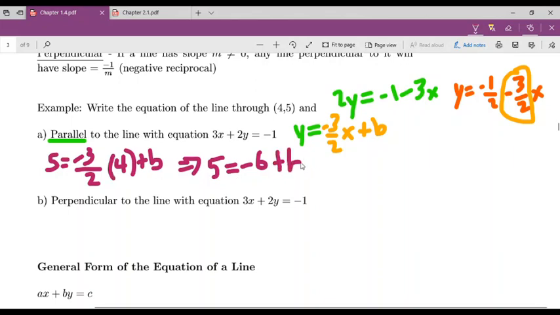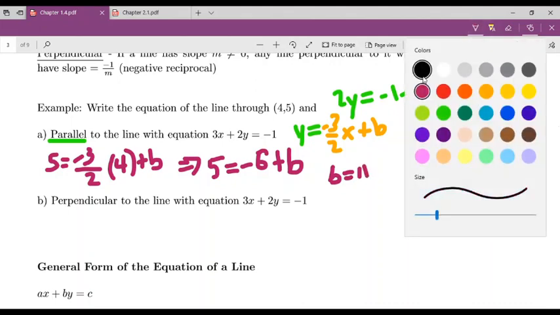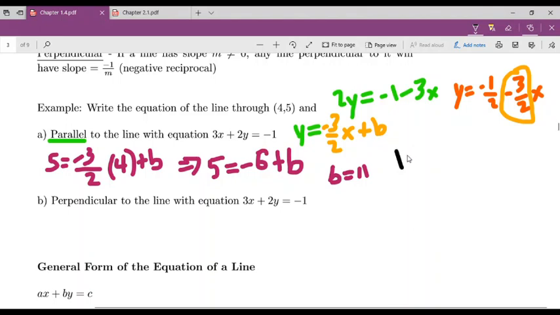I know my 6's and b's look kind of similar. I apologize for that. That's a 6. That's a b. Now I just need to add 6 to both sides. And if I do that, I can see that my b is 11. Okay. Now with my b being 11, my answer to my problem here, the equation of this line is simply y equals -3 over 2x.